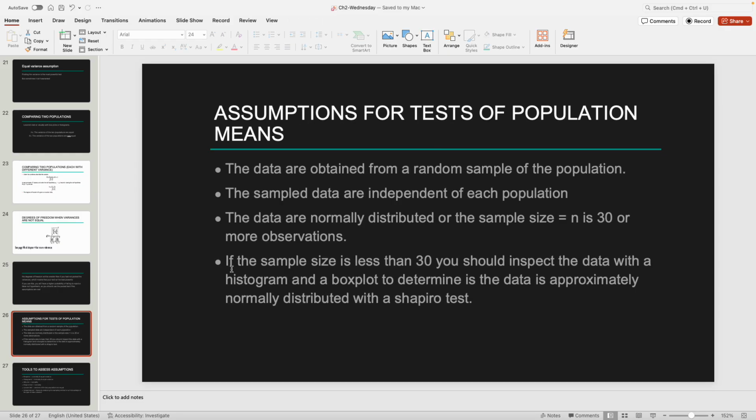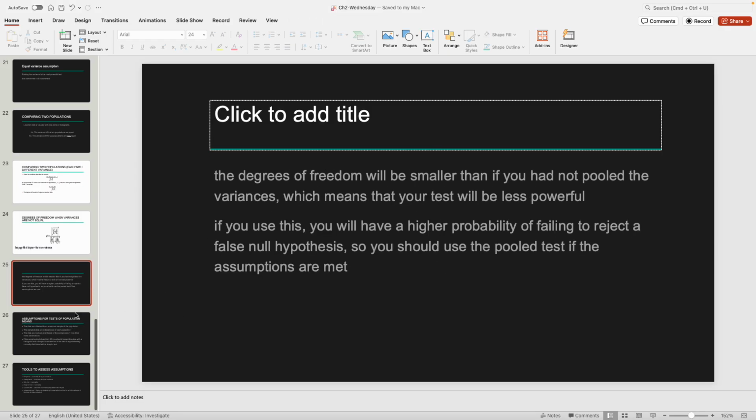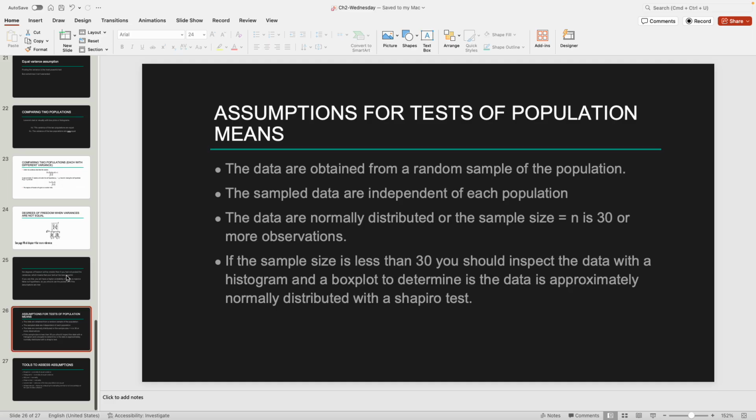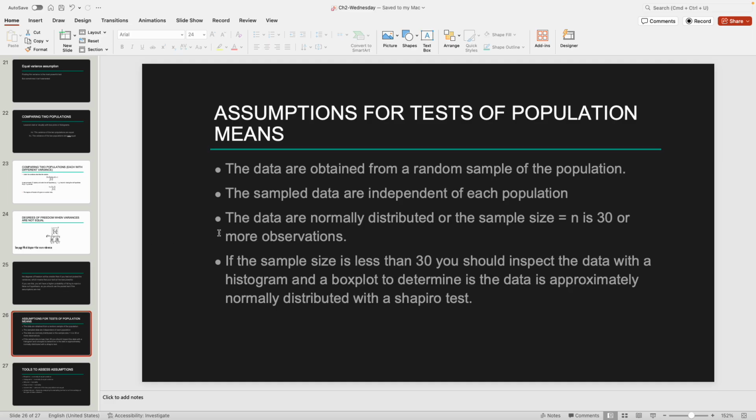The key point is that it's really important to check the assumptions of your test, of your data, and then to apply the correct statistical methodology. The assumptions of your test are that the data is obtained from a random sample of the population, or is representative of the population.